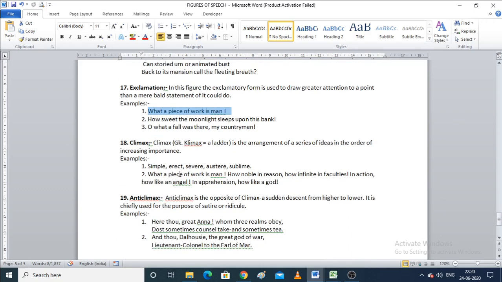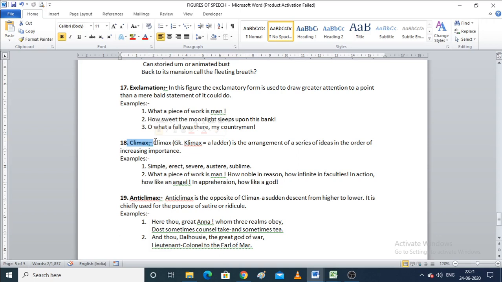Now climax, you all know what climax is. Movie climax, right? What is movie climax? When there is a series of stories and then there is an end thing. So when there is an arrangement of a series of stories or ideas arranged in order of increasing importance, that is known as a climax, right?